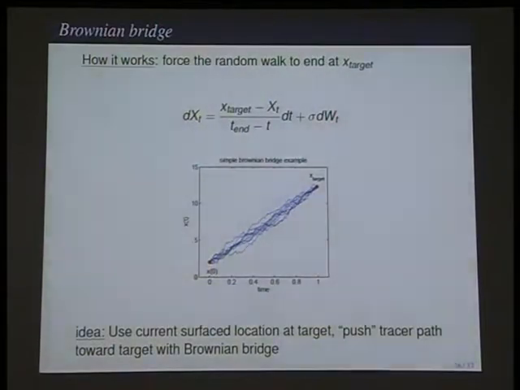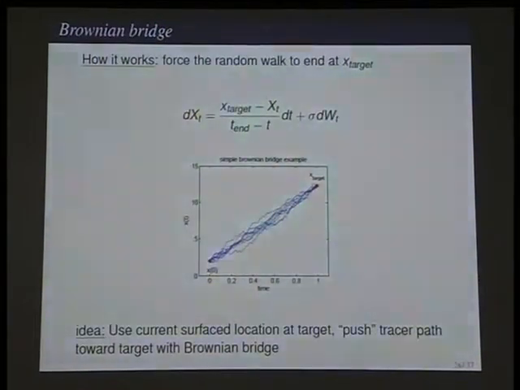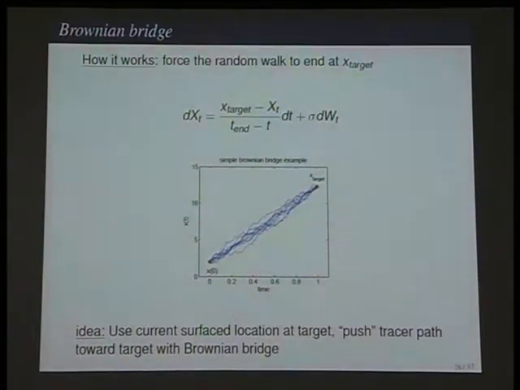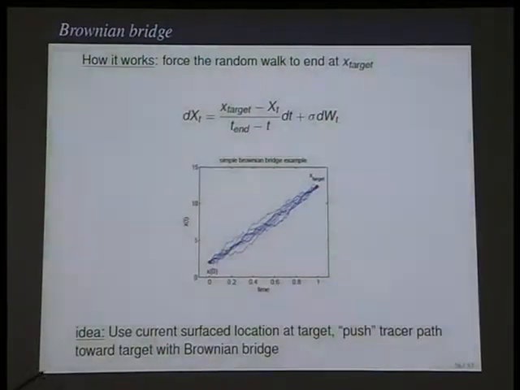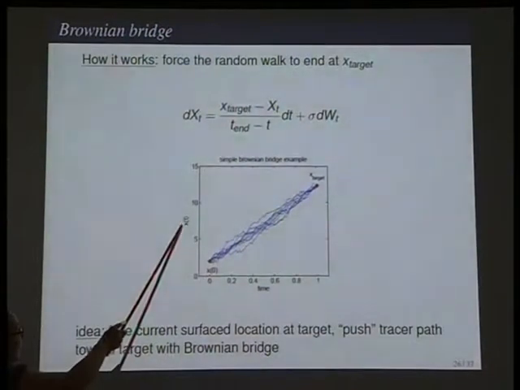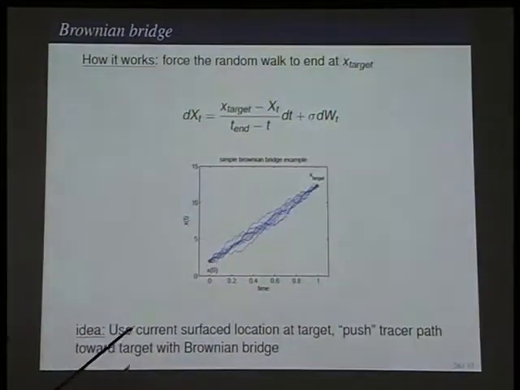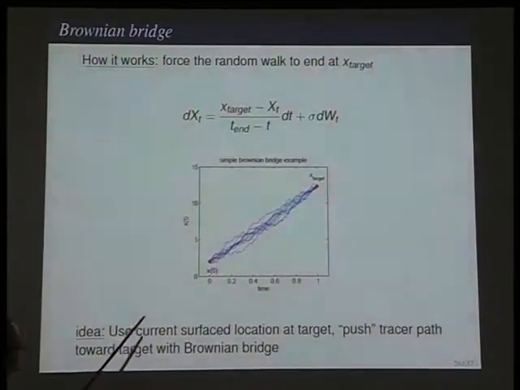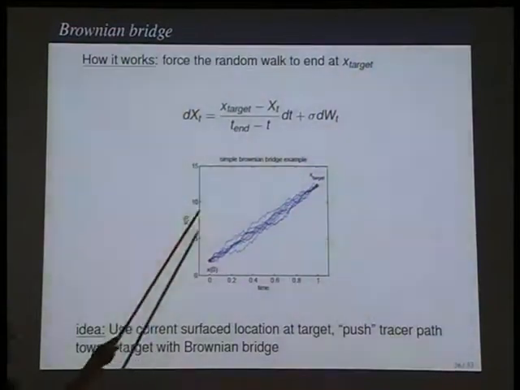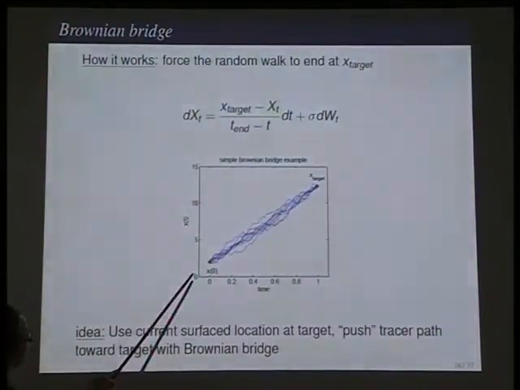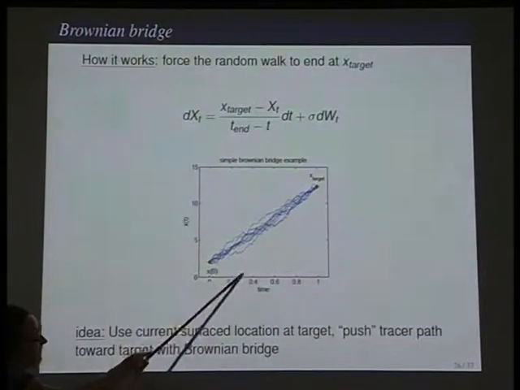Okay, so here's the stochastic differential equation for a Brownian bridge. In this picture we just have one x variable going up and down over time. If this term wasn't here, this x variable would just be taking a little random walk.